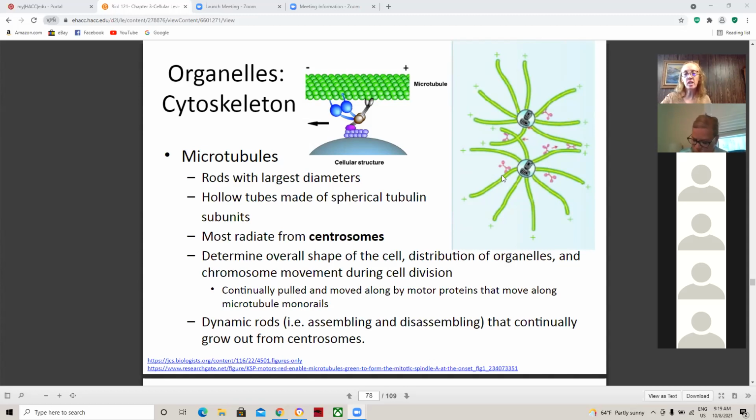They also are key in directing chromosome movement during cell division, making sure that the replicated chromosomes before division ultimately end up in the new daughter cells equally divided.